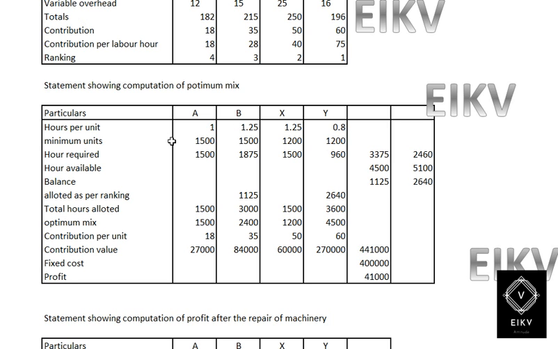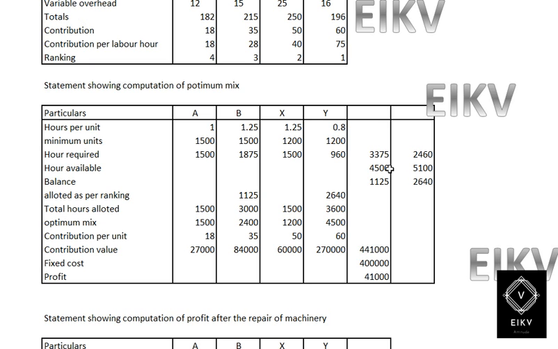Then we have the minimum units, 1500 each for A and B, and 1200 each for X and Y. We multiply the hour per unit with the minimum units to get the hours required for manufacturing such minimum units, taken separately as 2375 for machine P, and 2460 for machine Q.